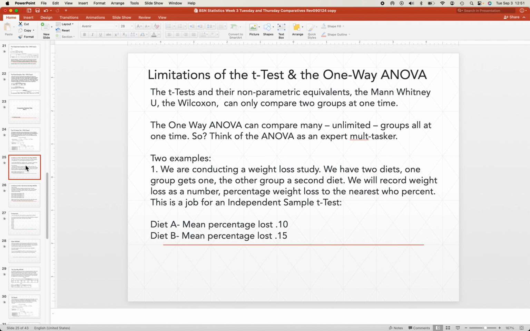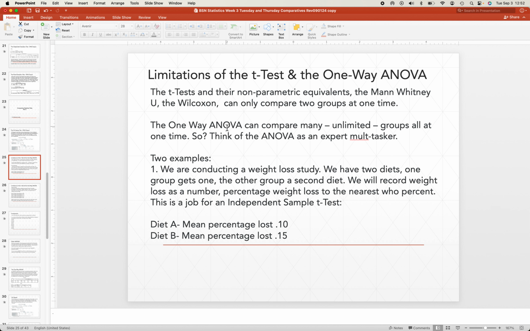With the t-test, we do have some limitations. All the t-test can do is compare the means of two groups, and again, the Mann-Whitney and the Wilcoxon follow that same thing. They can only compare the medians of two groups. But none of these can compare three different conditions in an independent variable at the same time.